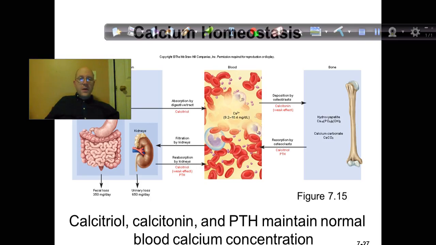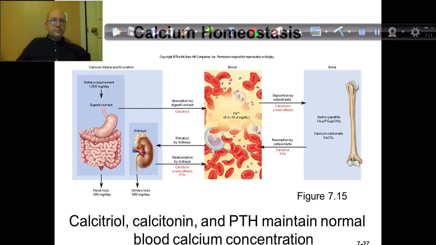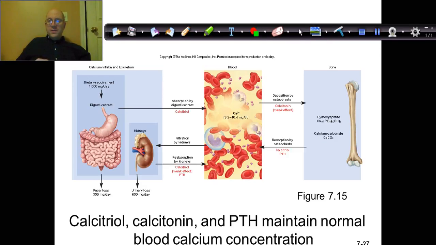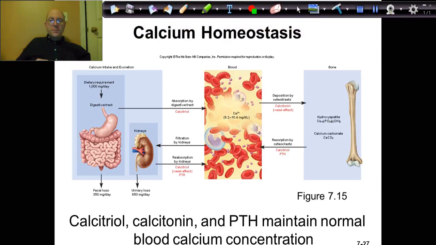Alright, so a little bit bigger. So here's hydroxyapatite: 10 calciums, 6 phosphates, 2 hydroxides. That molecule made with calcium and phosphate ions is what crystallizes around the collagen fibers of osteoid tissue to become bone.